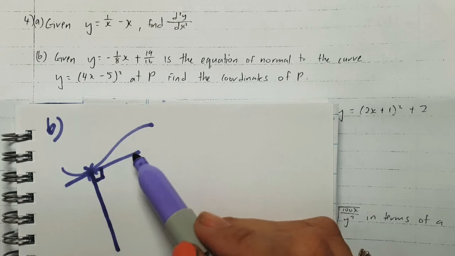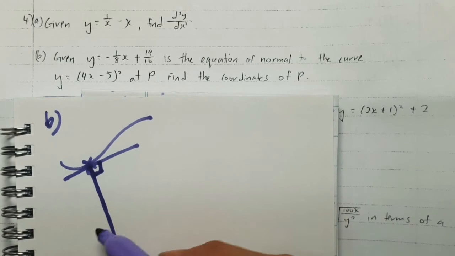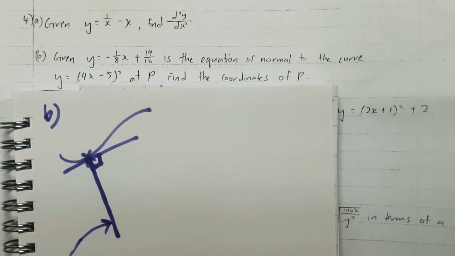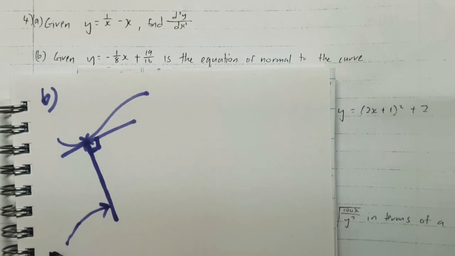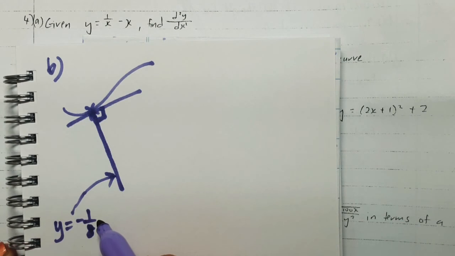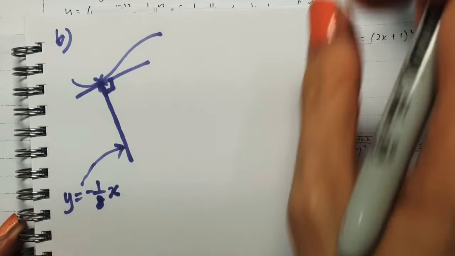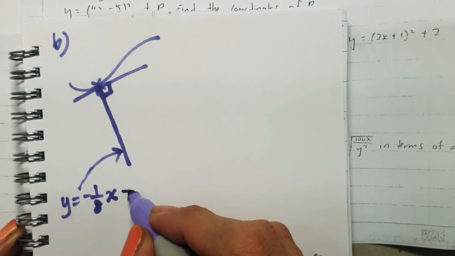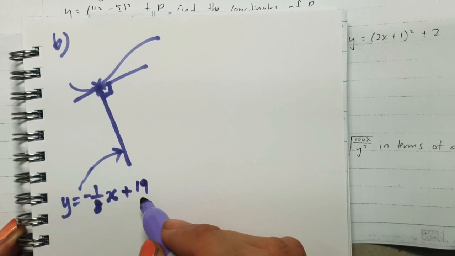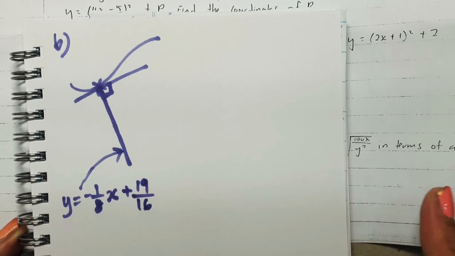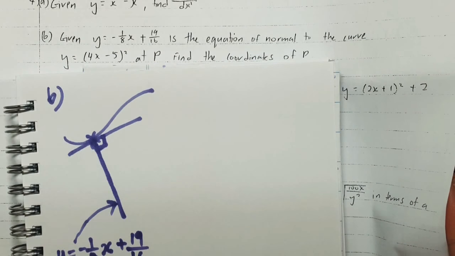The normal makes 90 degrees to the tangent. This is the equation of the normal: y equals minus 1 over 8x plus 19 over 16.